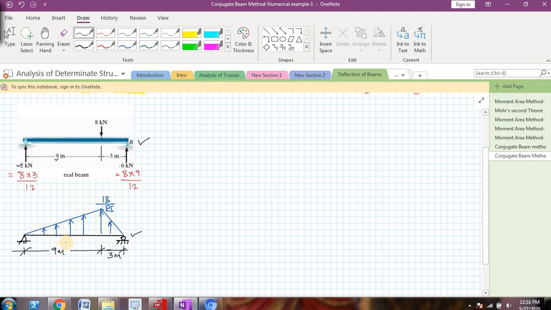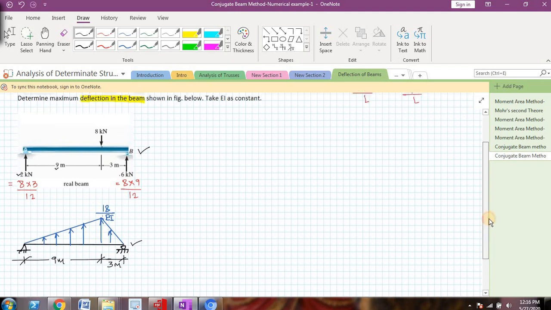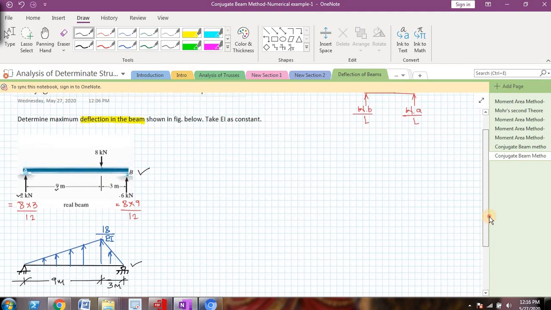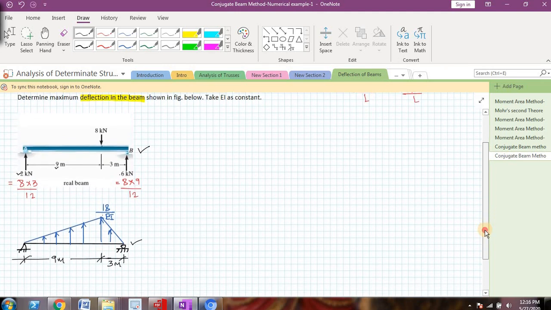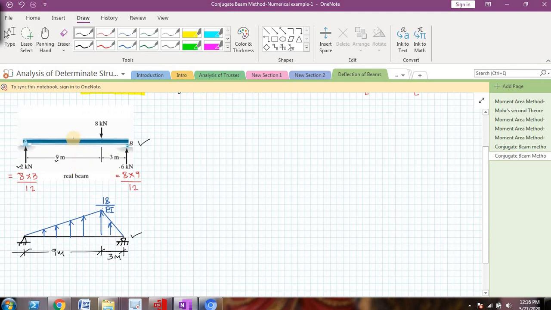Now once you draw this conjugate beam with the same length, supports and everything, we should proceed further and find out what is required. Now we need to find the maximum deflection in case of the real beam. We don't know where the maximum deflection of the real beam will be. To find that we need to work on the conjugate beam.